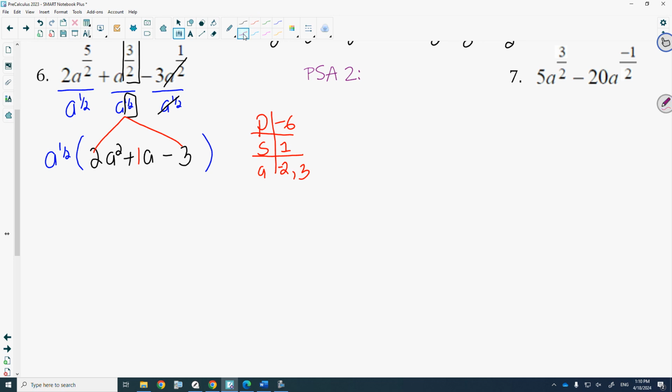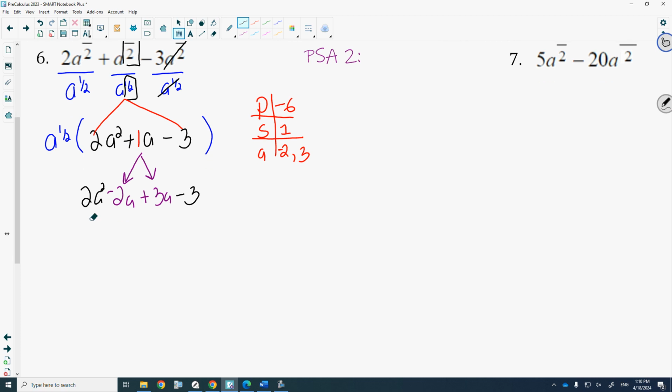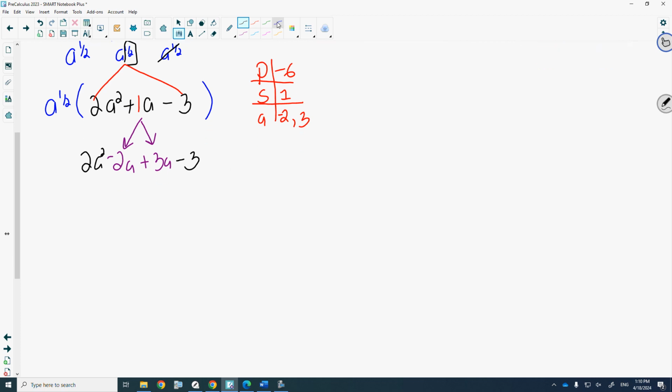Okay, so decomposition, I'm going to decompose 1a. How do I get 1a based on this answer? -2a plus 3a. That's how you decompose and get 1a. So -2a plus 3a will give you 1a. Bring down that -3, bring down that 2a squared. You're going to have 4 terms. You're going to split those 4 terms in half, and you're going to group factor.